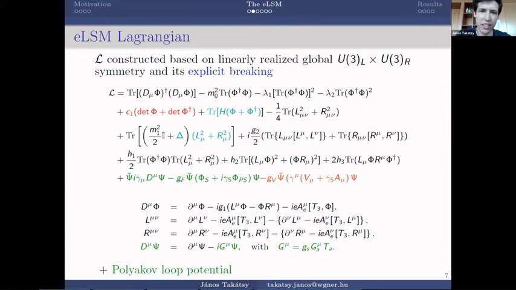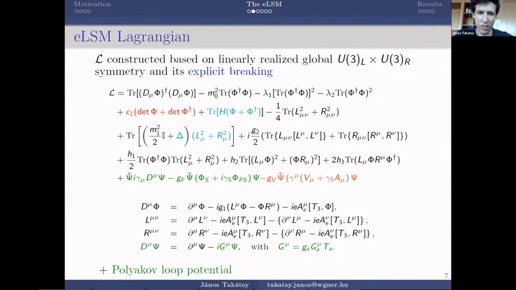While the first four rows are the mesonic terms, the terms colored with red and blue are the explicit symmetry breaking terms. Also in the 4th row, there are mixed terms between the scalar and vector sectors, which are important in our model, but which can rarely be found in other models.